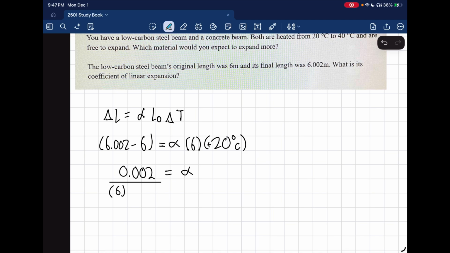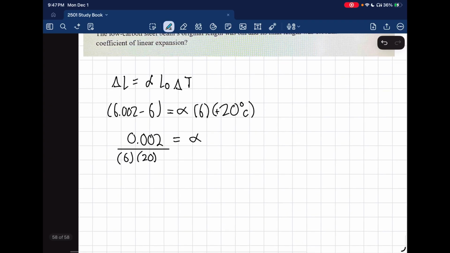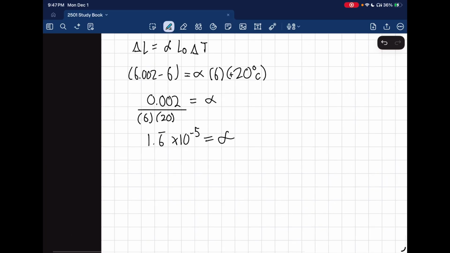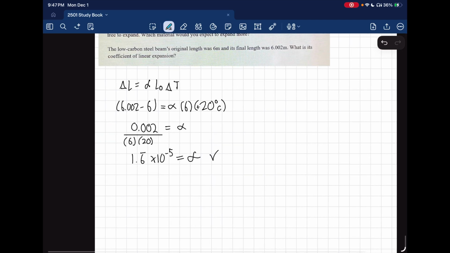We will have 6 times 20. So 0.002 divided by 6 times 20 equals 1.6 repeating times 10 to the negative 5 equals alpha, or the coefficient of linear expansion. And this is pretty close to a typical coefficient in low carbon grade steels. So we can assume this to be the correct coefficient of linear expansion.